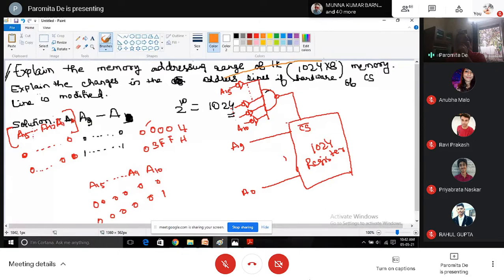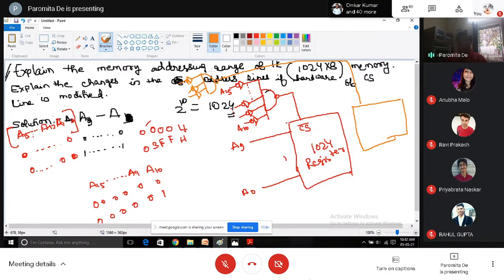Maybe it will select another chip that is lying here. That line will go to some other chip. So it will select another chip if I change the hardware. If I put the address lines differently, then the logic system that I've designed is different now, because this input is becoming different. So I can select another chip depending upon the output.